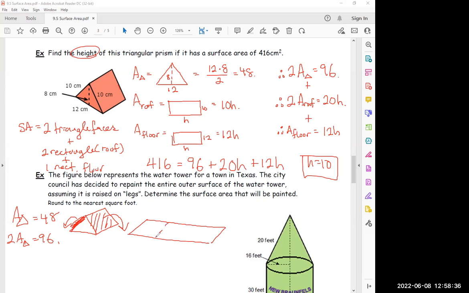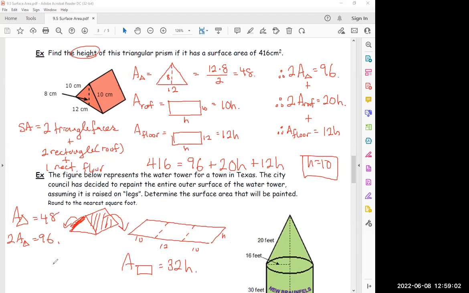You get a really long rectangle. What is the length of this really long rectangle? The roof is a 10, the roof is a 10, and the piece in the middle is 12. What is the area of this rectangle? It's 10 plus 12 plus 10, it's 32 times h.